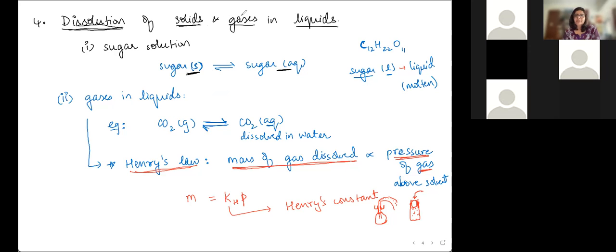Similarly for gases, I'm taking a gas and trying to dissolve it in a liquid. So the equilibrium is established in this process. Read through the whole thing and understand, don't be fuzzy about things. Okay.